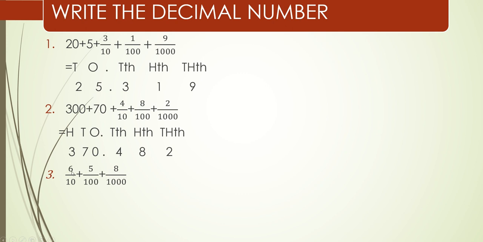So I will write 6 under tenth, 5 under hundredth and 8 under thousandth. So the answer would be 0.658. You can write the 0, or you can skip this 0, but this point, this decimal point, is compulsory to write to show that you are writing only the decimal part.